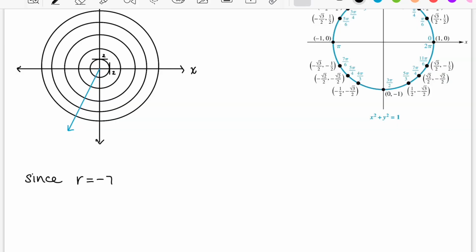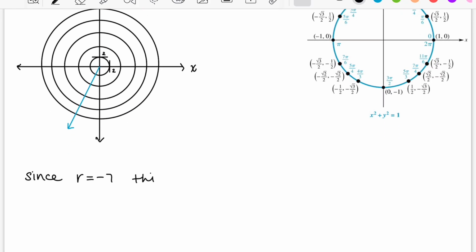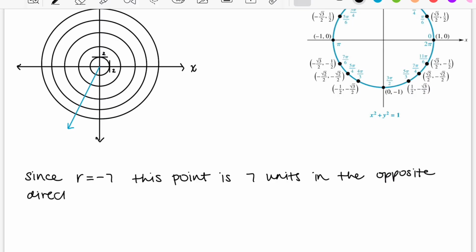Our r in this case is minus 7. So this tells us this point that we're trying to plot is going to be 7 units in the opposite direction of our ray, 4 pi over 3.